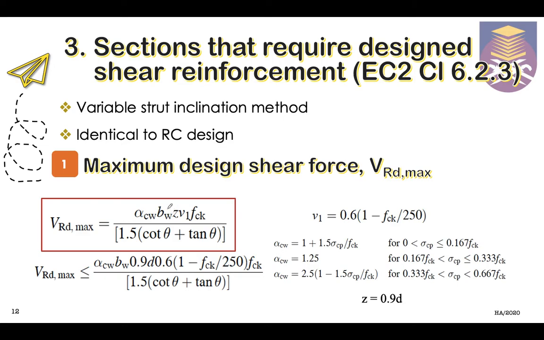Then we also have BW, which is the web width, then we have Z. In a pre-stressed concrete section, we consider Z equals to 0.9 D. Then V1, where we have this equation, which is 0.6 times 1 minus FCK over 250, and divided by 1.5 cotangent theta plus tangent theta.